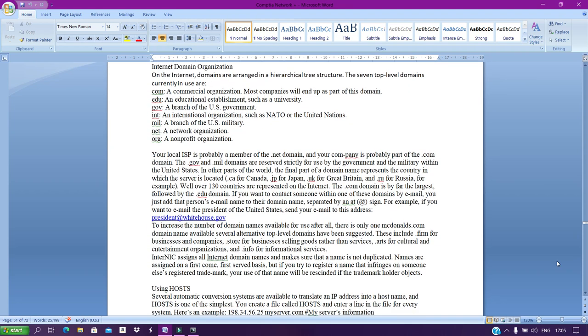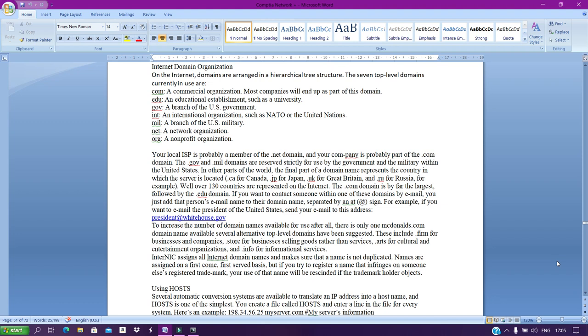Internet domain organizations. On the internet, domains are arranged in a hierarchical tree structure. Seven top level domains currently in use are: .com, a commercial organization.